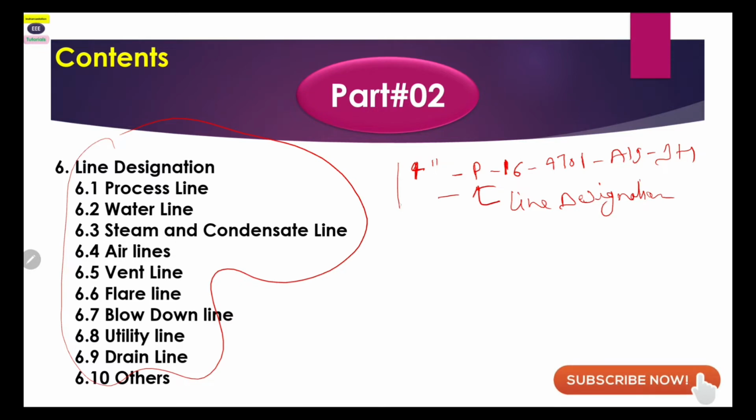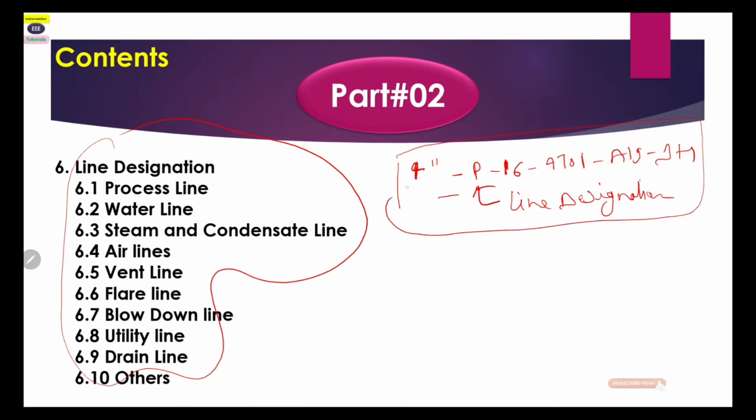So we have seen in the first part what the meaning of this line identification is. Line 4-inch, P16, 4701, A19 each. What the meaning of each part of this designation is, we have seen in part 1. If you want to know the meaning of each term, then please go to part 1 and watch the full video.